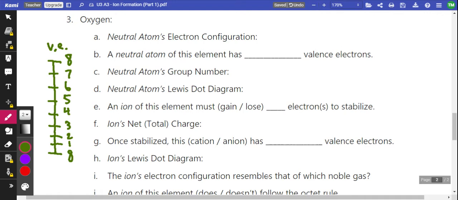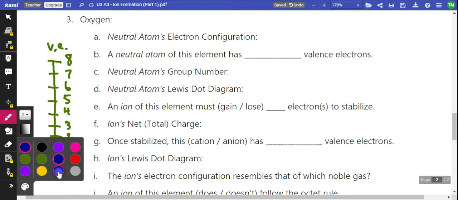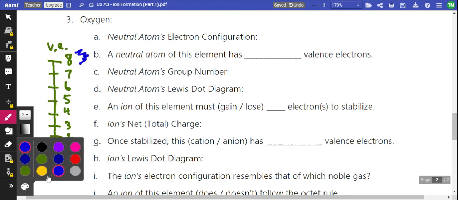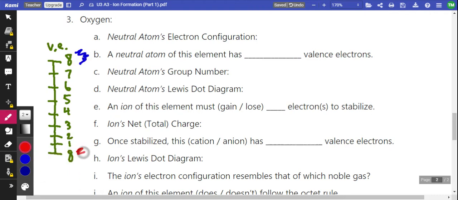Okay, so our goal here is to either gain electrons to get to 8 valence electrons or lose electrons to get to 8 valence electrons. Okay, so let's try and figure out what's best here for oxygen.